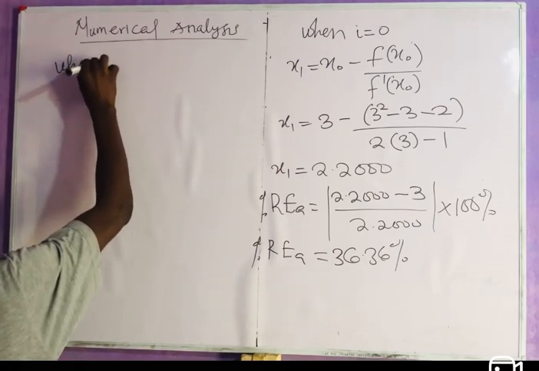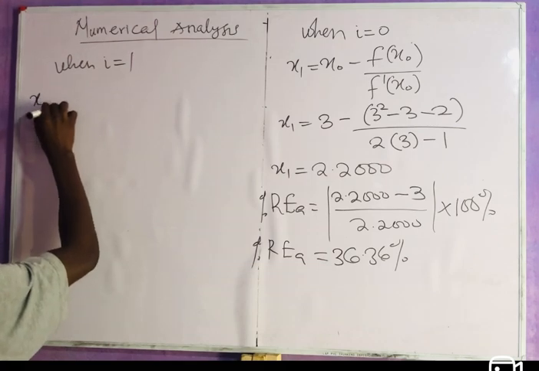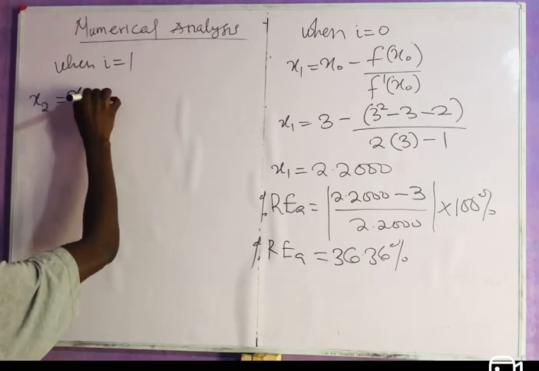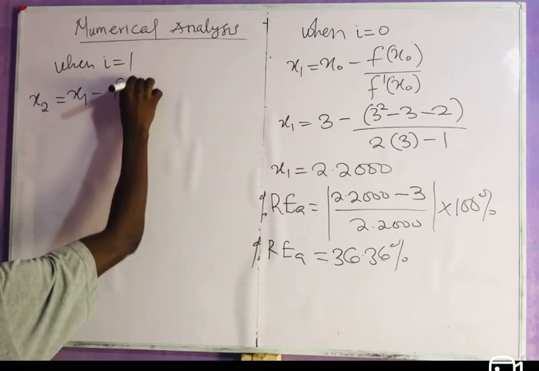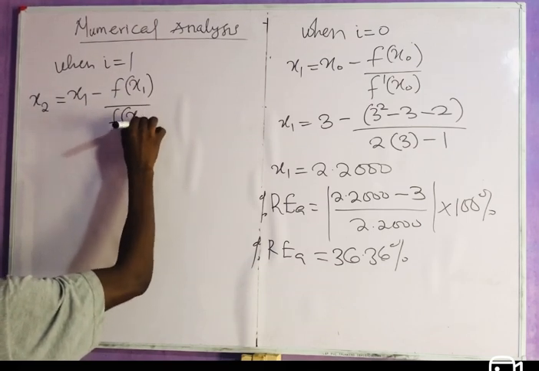When i equals 1, then I'll have x2 equals x1 minus f of x1 all divided by f prime of x1.